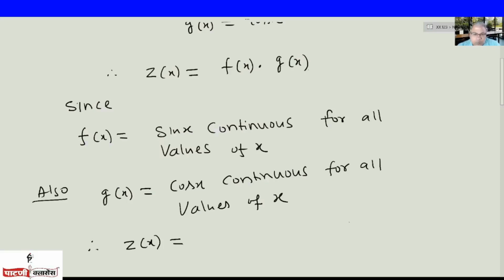Since f of x equals sin x, that is a continuous function for all values of x. G of x equals cos x, that is also a continuous function for all values of x. Therefore, z of x is the product of two continuous functions.